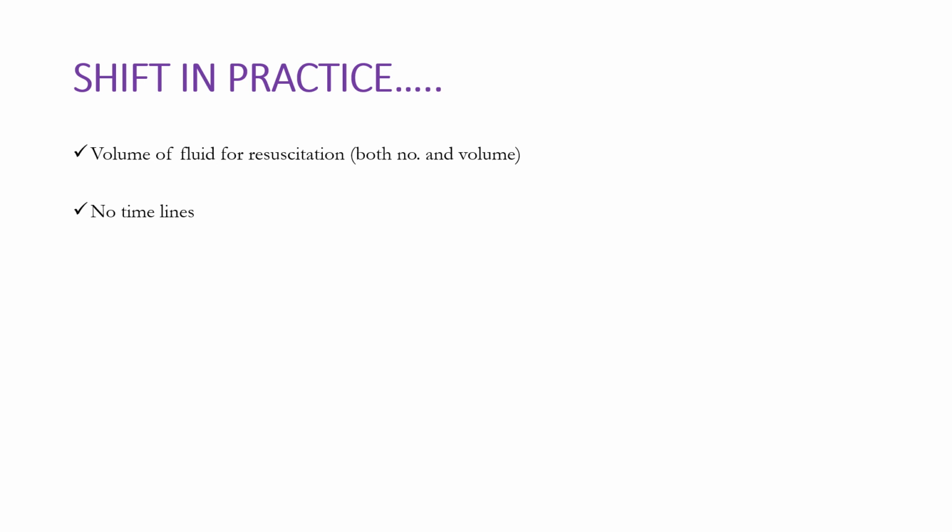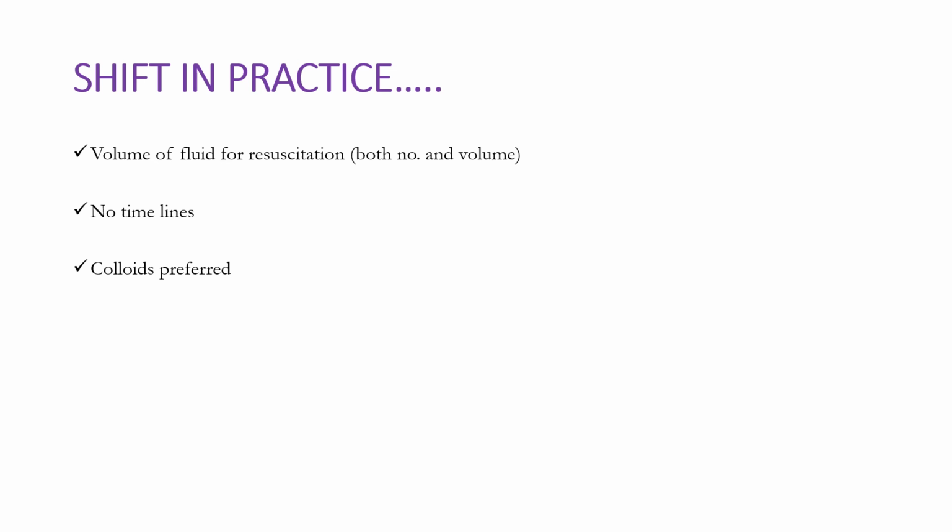The second significant thing I noticed was that no definite time points have been defined as to up to what extent would you consider giving inotropes after which you would label the patient as having catecholamine resistant shock. Like for fluid, it has mentioned you give the fluid for 15 to 20 minutes, no improvement, you label the patient as having fluid refractory shock. But after giving catecholamine for how long, you would label the patient as having catecholamine resistant shock, so on and so forth.